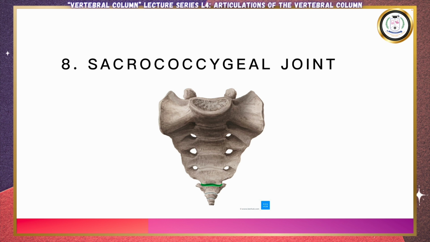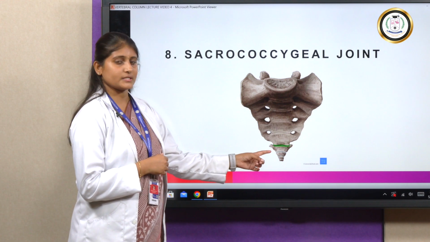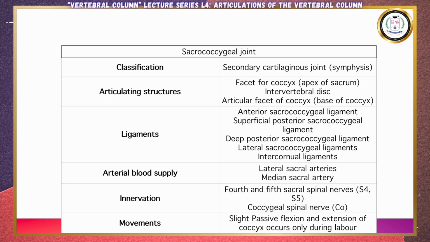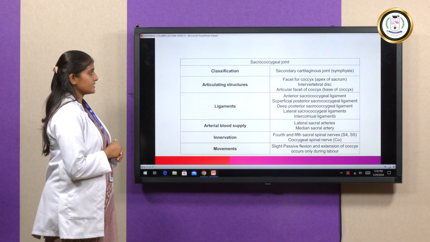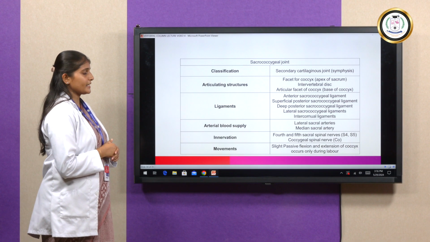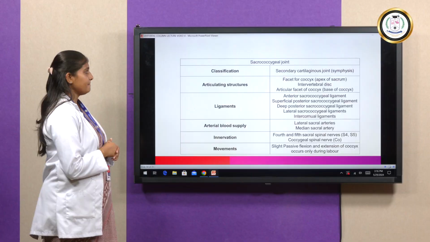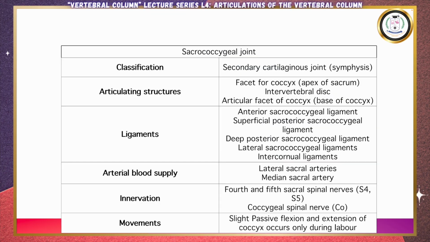Next, we will move on to the sacrococcygeal joint, which is the junction between the apex of the sacrum and the coccyx. This joint comes under the category of cartilaginous joint, which is known as the symphysis. The articular surfaces are the apex of the sacrum and the articular facet of the coccyx.